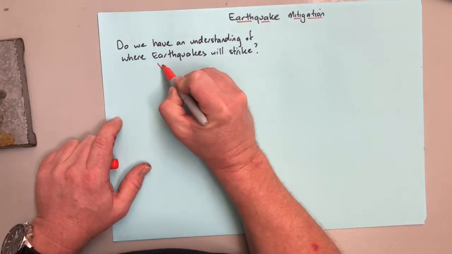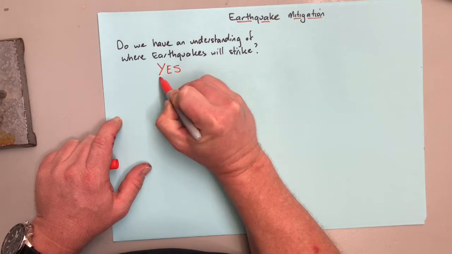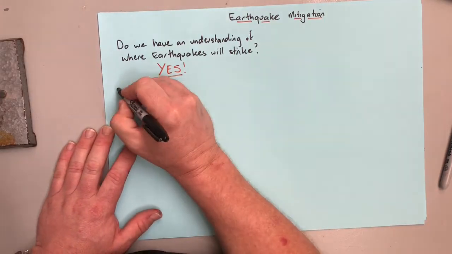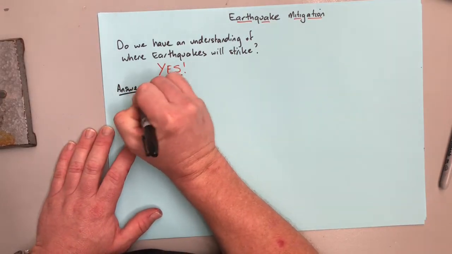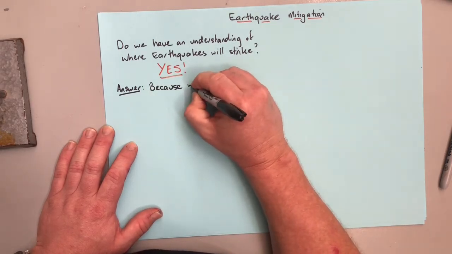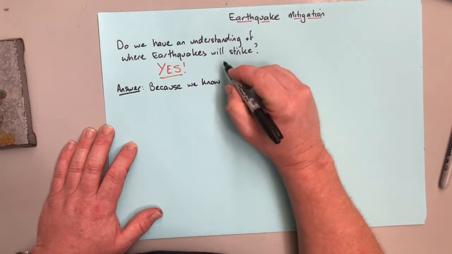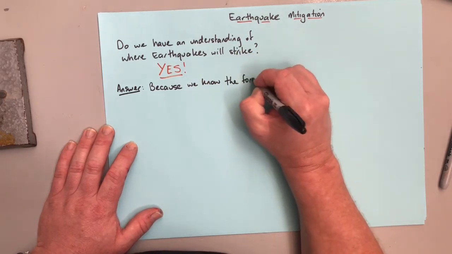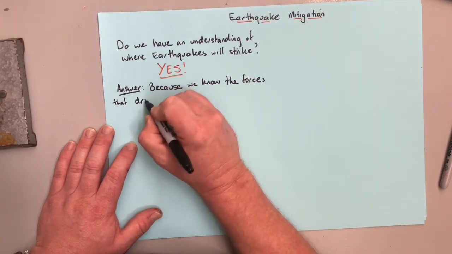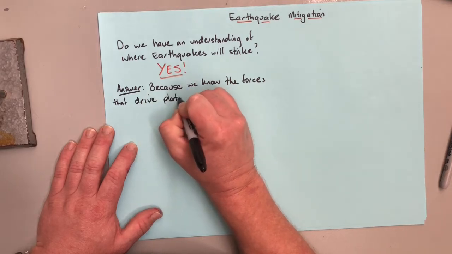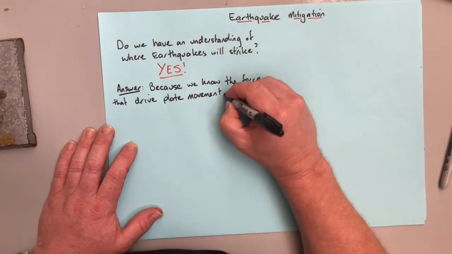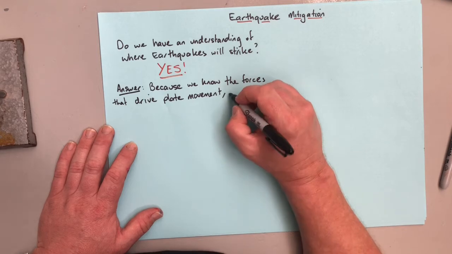Well, the answer clearly is yes. We know where they're going to strike because we know where the plate tectonic boundaries are. Answer: because we know the forces that drive plate movement. We know where the plate boundaries exist.